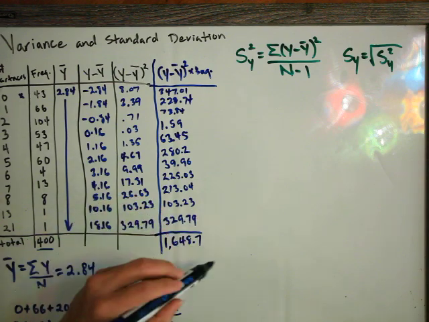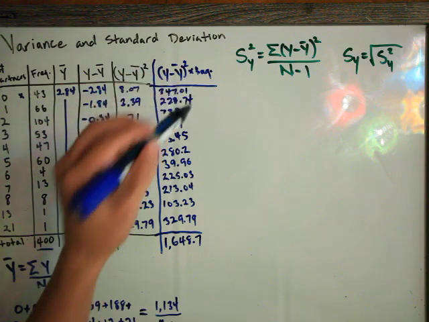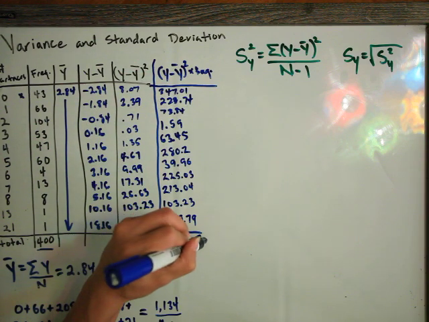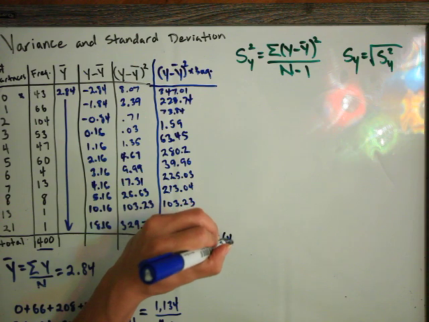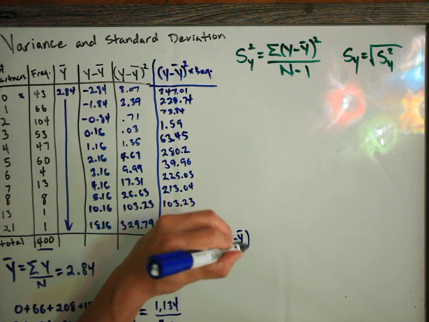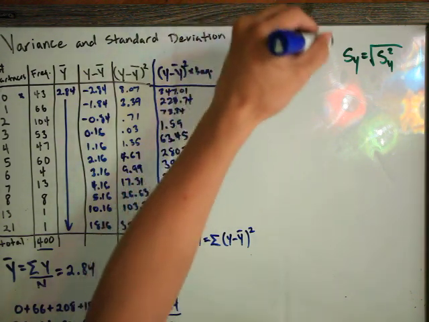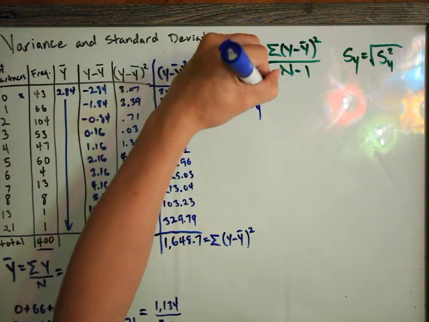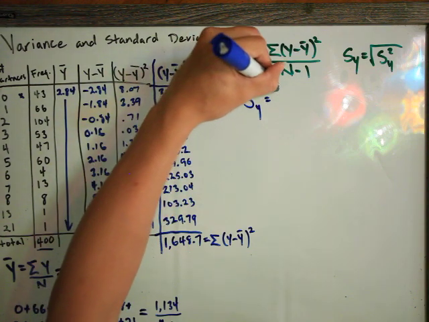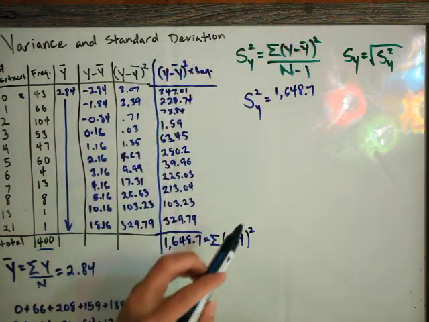1,648.7. This number that you find here in the y minus y bar squared times frequency column for the total is the sum of y minus y bar squared, right? And so this number is the whole top part of the variance formula. So let's go ahead and plug that number in, 1,648.7.